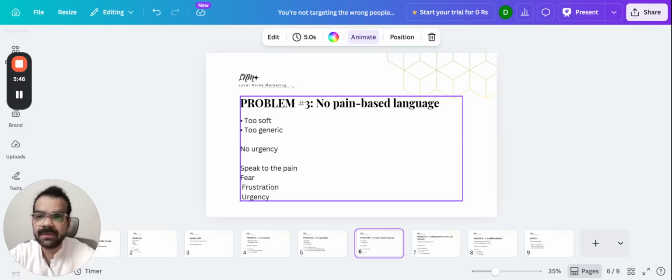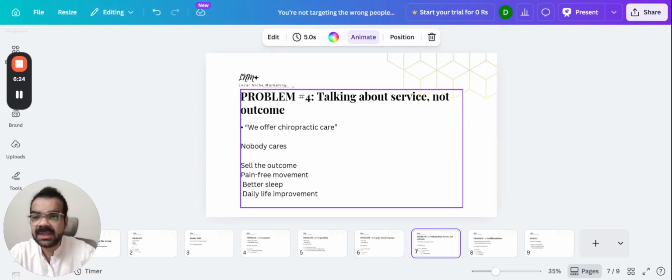You can give a statistic in the ad copy, or you can give a hook in your creative about how many people in the US are currently suffering from degenerative disc disease, and then start using fear, like if they don't proactively treat this, it is going to progress very quickly. So now you're using pain, fear, and frustration as a lever to pitch them your services in the ads.